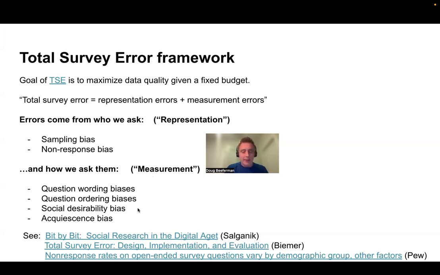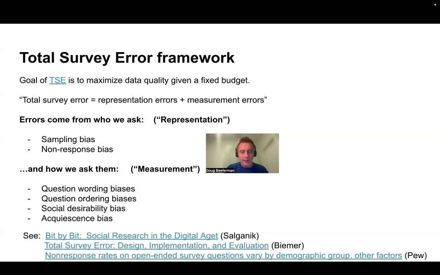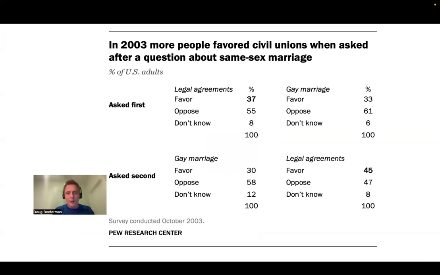And then measurement bias comes from the way that questions are asked. I want to give one subtle example from 20 years ago, when people in the US were asked about their opinions about same-sex marriage and same-sex civil union. Depending on the order in which those two questions were asked, the surveyors got different results.